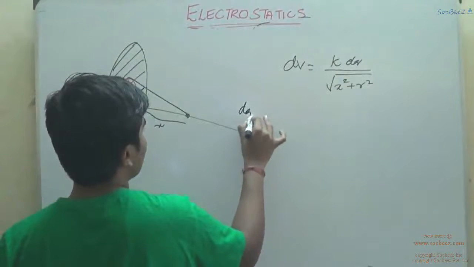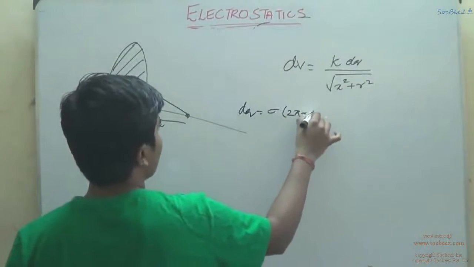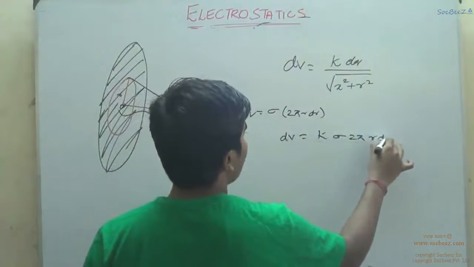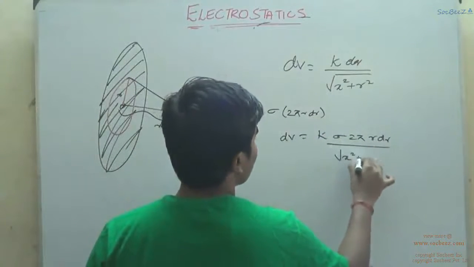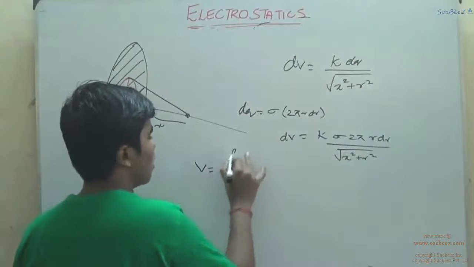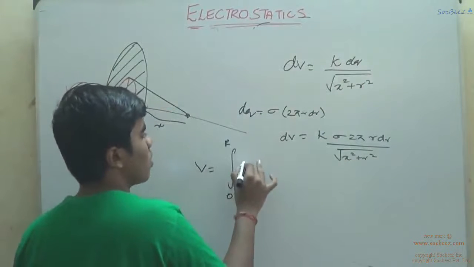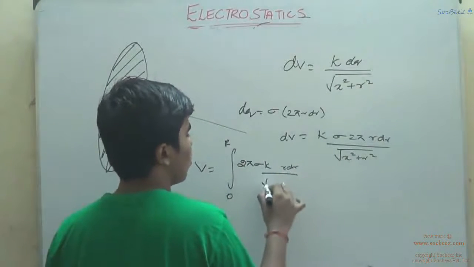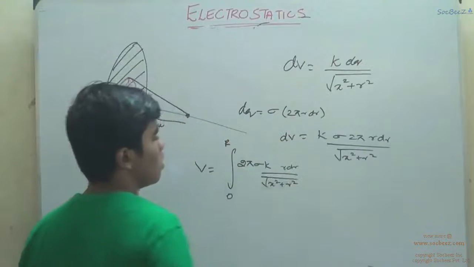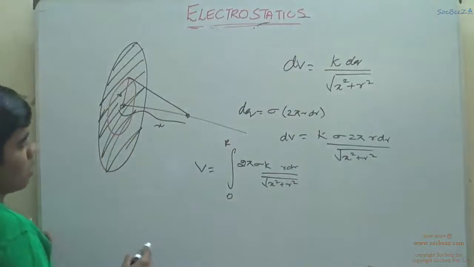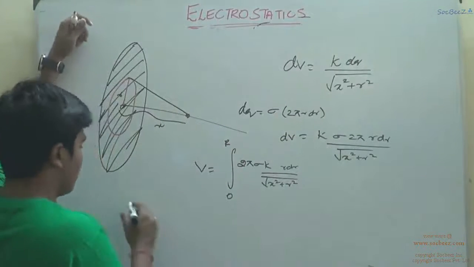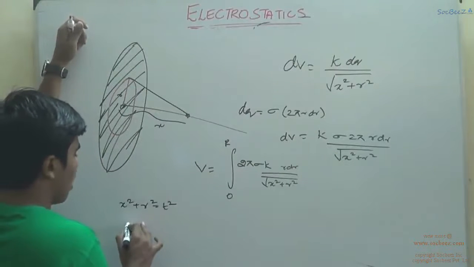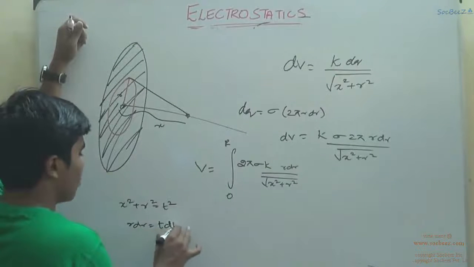Now dq is equal to sigma times 2 pi r dr. So dV turns out to be k sigma 2 pi r dr by under root of x square plus r square. So V is equal to integral 0 to capital R of 2 pi sigma k r dr by under root of x square plus r square. Okay. Now I put x square plus r square equal to t square, which means r dr is equal to t dt.